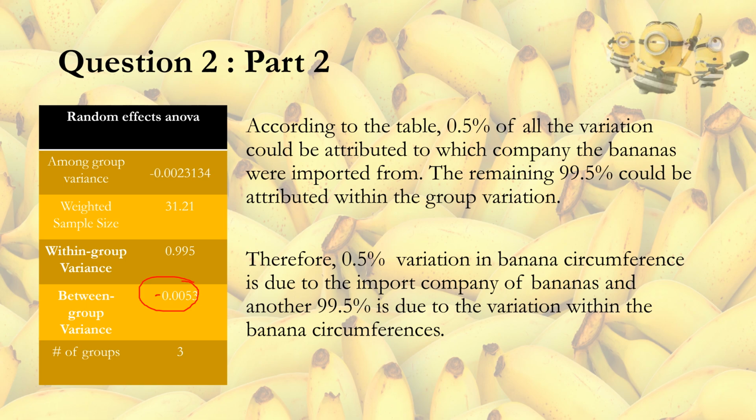So basically what it's saying is that there's no between group variance that is observed in the three different companies, and that 99.5% could be attributed to within group variation. Therefore, 0.5% variation in banana circumference is due to the import company of bananas, and another 99.5% is due to the variation within the banana circumferences.